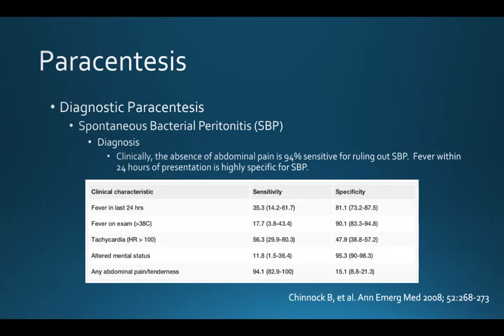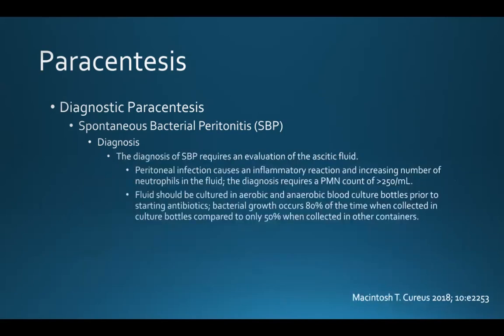Clinically, the absence of abdominal pain is 94% sensitive for ruling out SBP, and fever within 24 hours of presentation is highly specific for SBP. The diagnosis does require an evaluation of the ascitic fluid. Peritoneal infection causes an inflammatory reaction and increased number of neutrophils in the fluid.